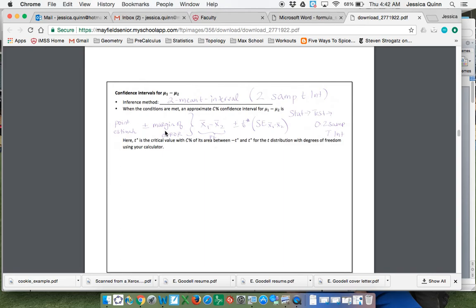And the confidence interval has the same format that it has had previously, so our point estimate plus or minus our margin of error. So our point estimate is we took two samples, we found the means of our samples, and we found the difference. So that's our point estimate, plus or minus the t-star value that our calculator has to give you times the standard error. That was that formula we've seen a couple times.